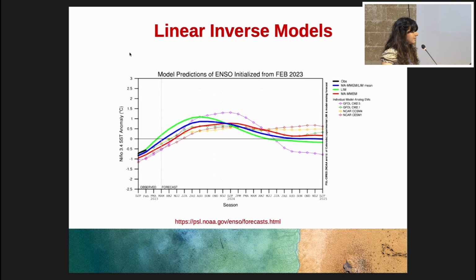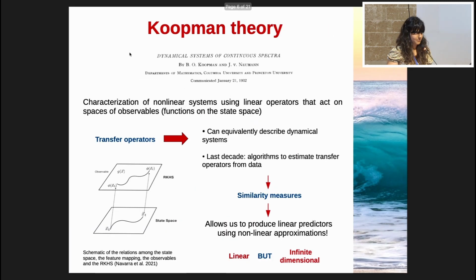However, of course, LIMs rely on linear dynamics, and therefore they have the limitations that any linear model will give us. That's what led us to Koopman theory, and especially to the algorithms that have been developed in the last decade for estimating the Koopman operator in a data-driven way. So the link was pretty clear.